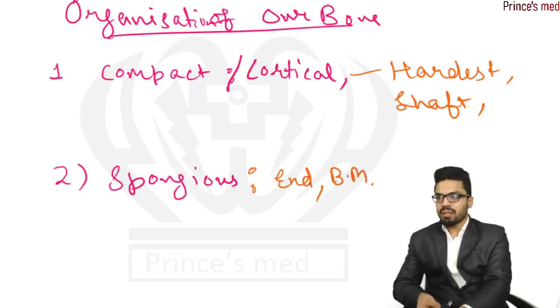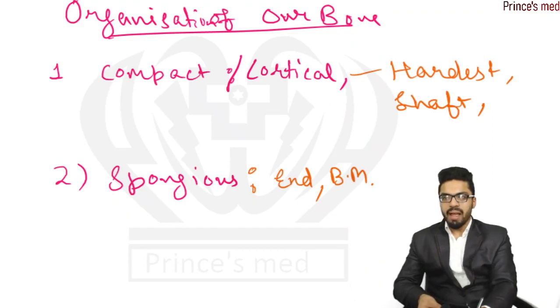The compact or cortical part has the Haversian system, which is not present in the spongy bone.